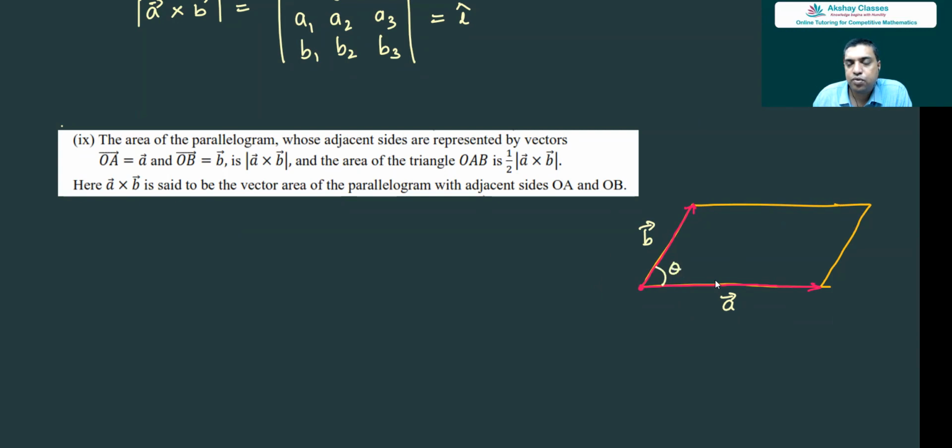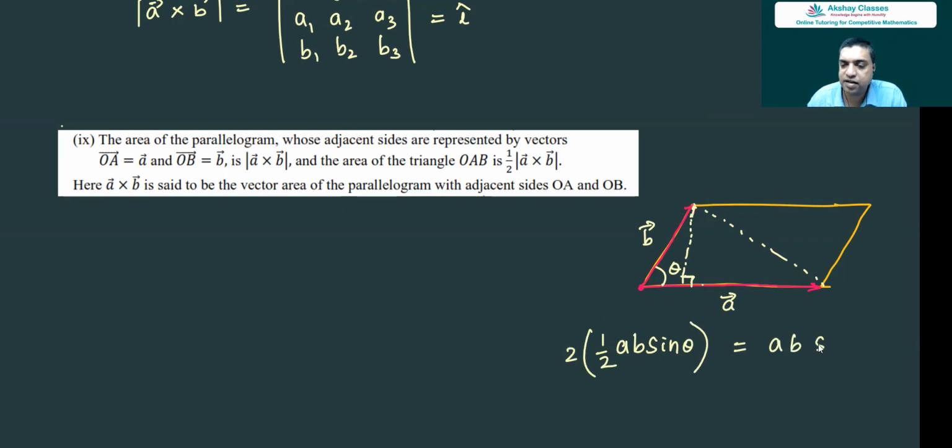Then we know the area of this triangle. So what is the area of this triangle? Half base into height. Base is A, height is B sine theta. So half AB sine theta will give us the area of this triangle, multiplied by 2 will give us the area of the parallelogram.